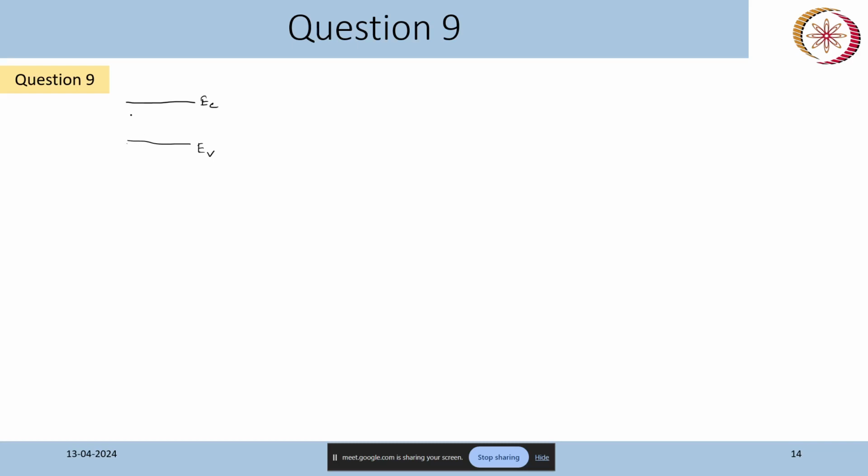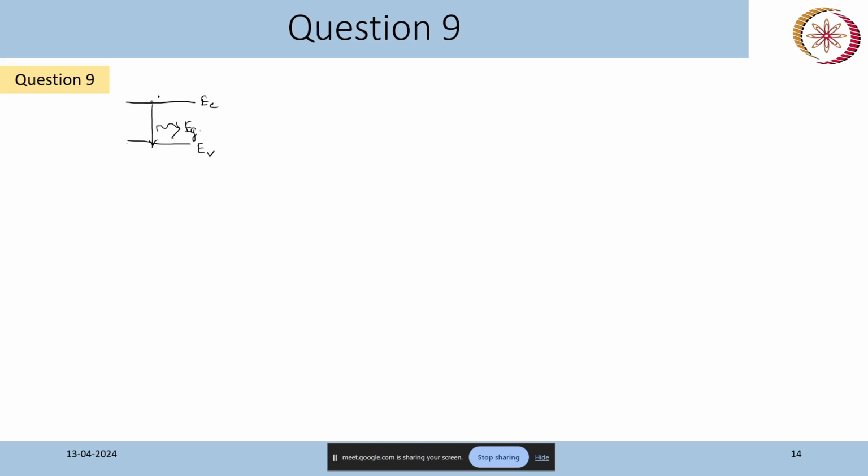So if an electron moves from here to here, EC to EV, then it will emit energy equal to the band gap.